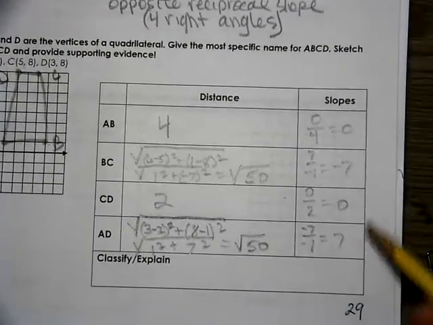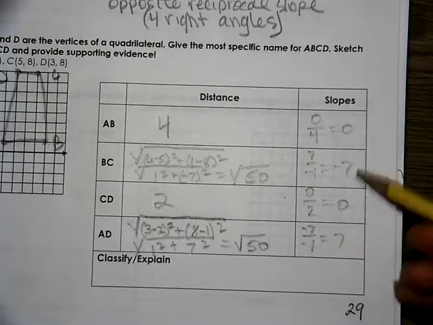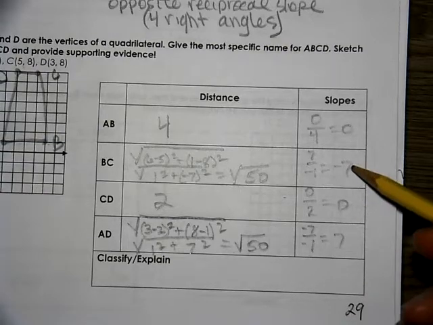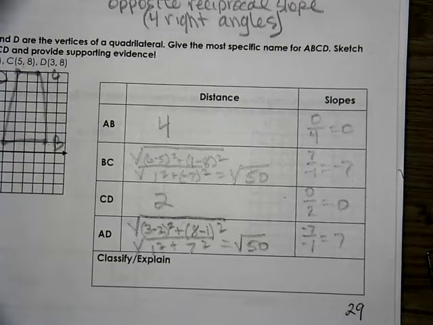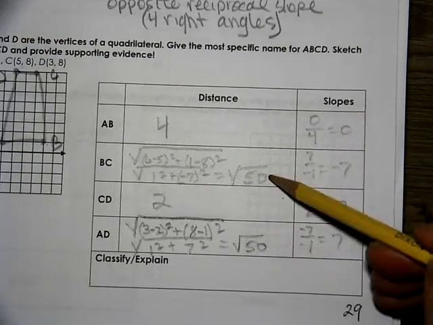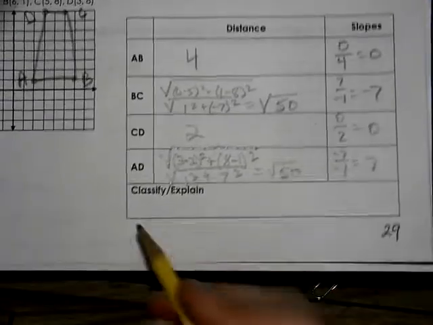So that's positive 7. We have two slopes that are the same and two slopes that are opposites, but they're not reciprocals, they're just opposites. So they're considered different. We have one set of parallel sides. We have one set of opposite sides congruent. So this makes this an isosceles trapezoid.